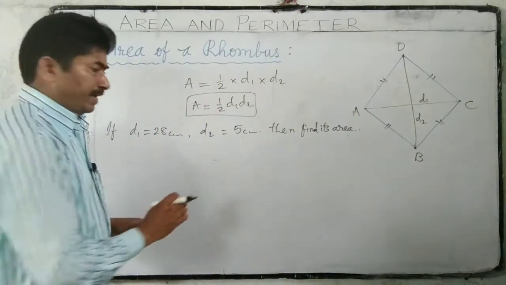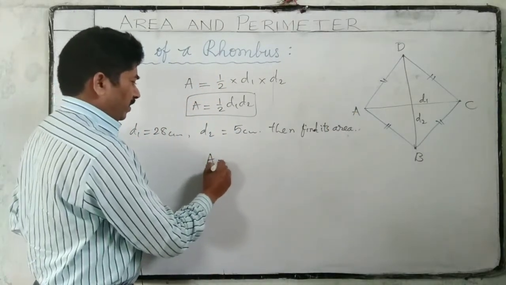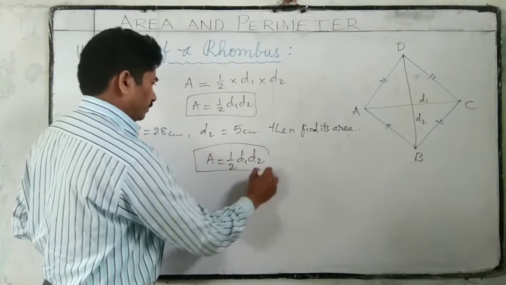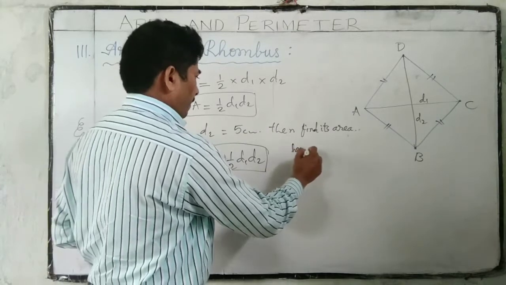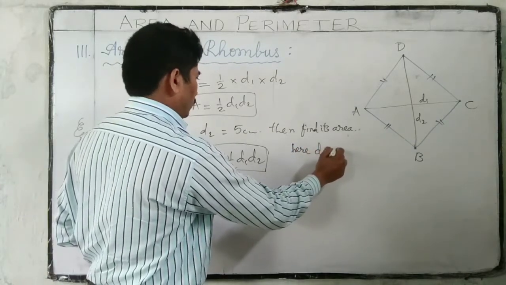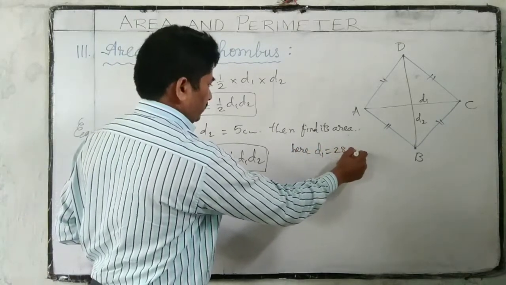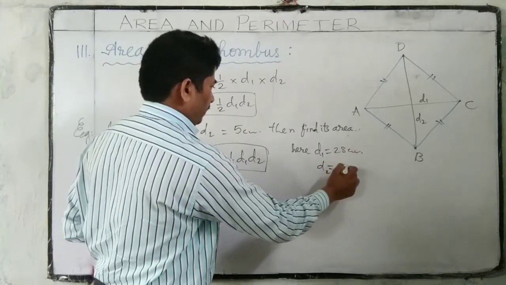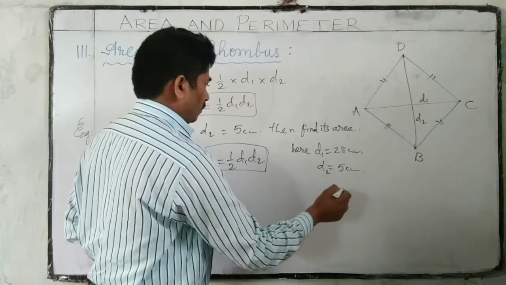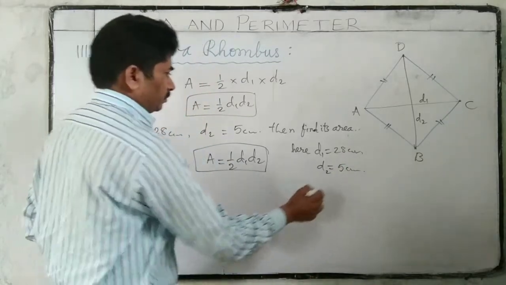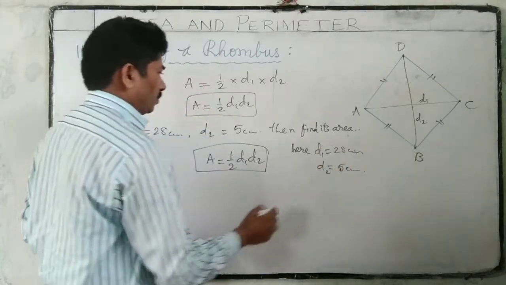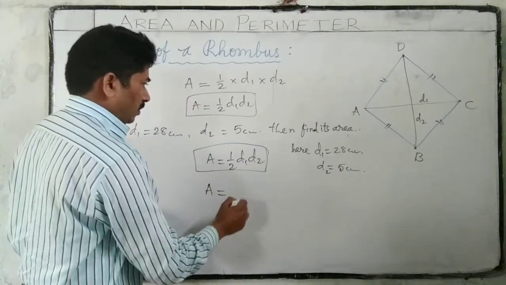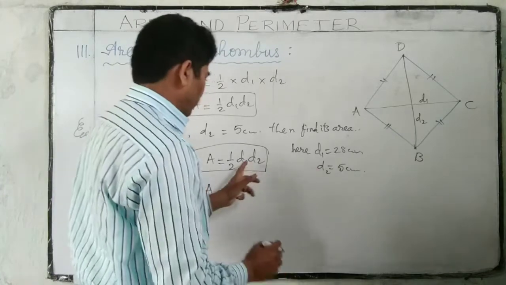So to find its area, we use the formula of half D1 D2. Here D1 is equal to 28 centimeters, D2 is equal to 5 centimeters. A is equal to, now we have to substitute these values in this formula.